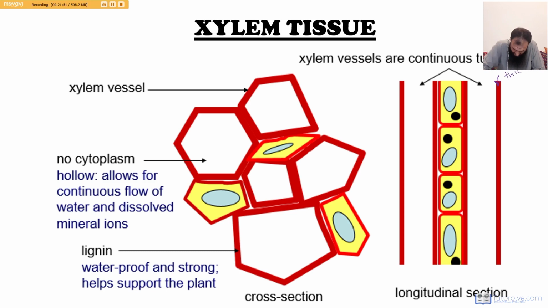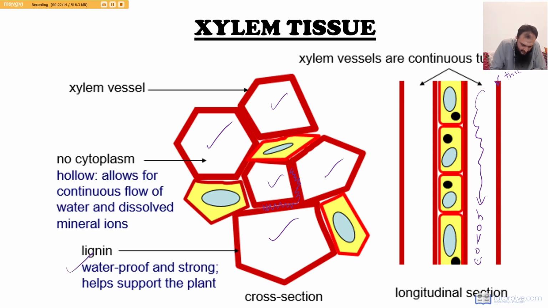That's basically lignin, and all of the internal space you can see is hollow, which would facilitate the movement of water and mineral ions. And this is the cross section. You can see that's the hollow, that's the xylem vessel that I'm ticking on, and this thick material that I'm shading, all of this is deposits of lignin. As you can see, no cytoplasm, it is hollow, and all of these are xylem vessels.